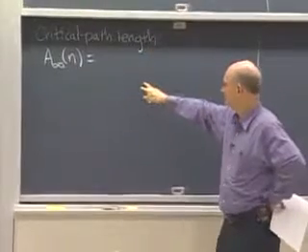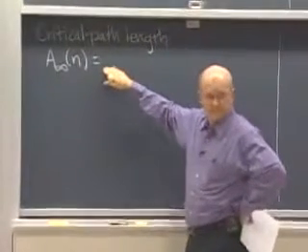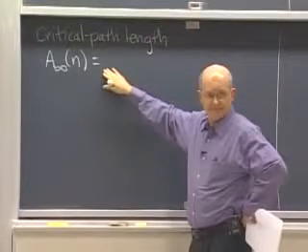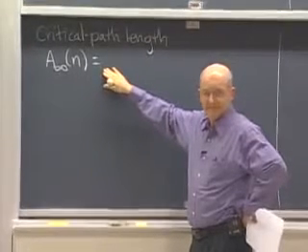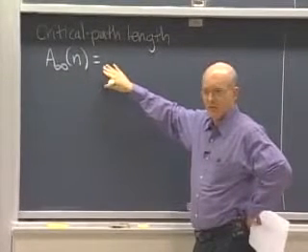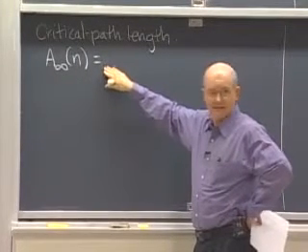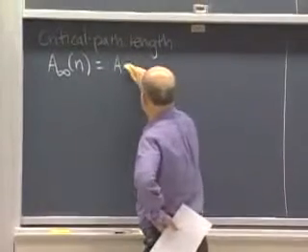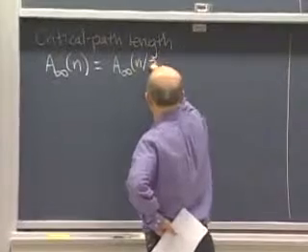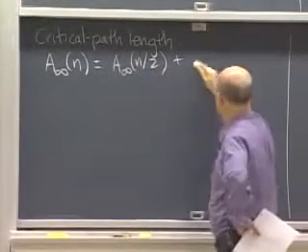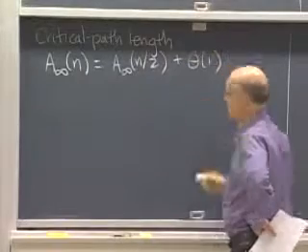So what's the recurrence that I get? What's the recurrence I'm going to get out of this one? A infinity of n over 2 plus a constant.